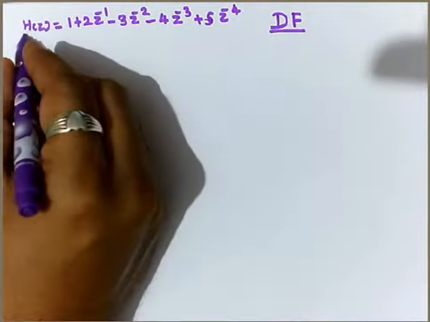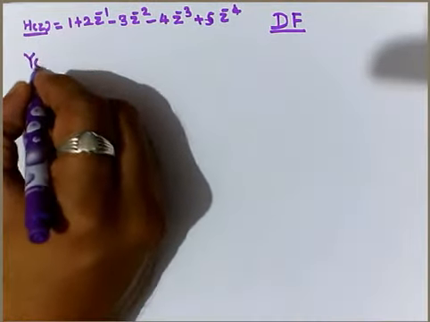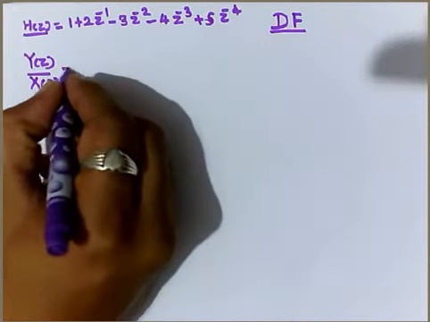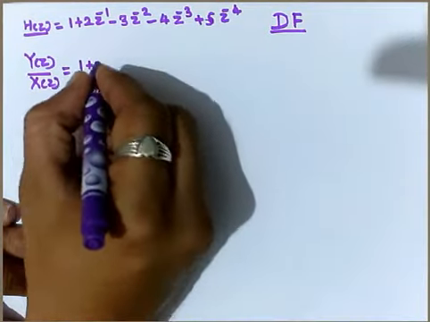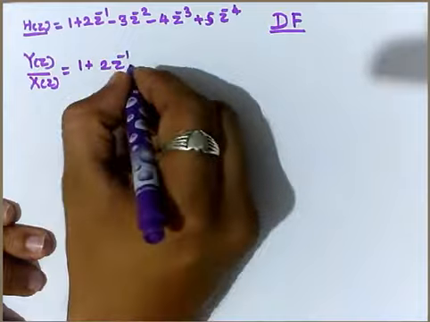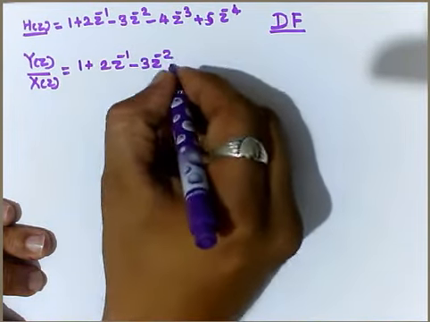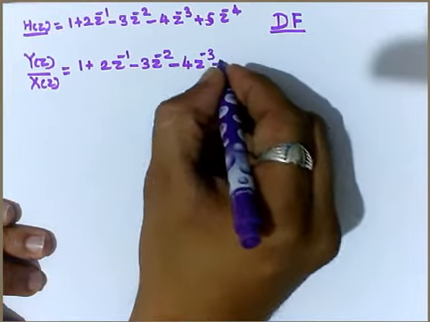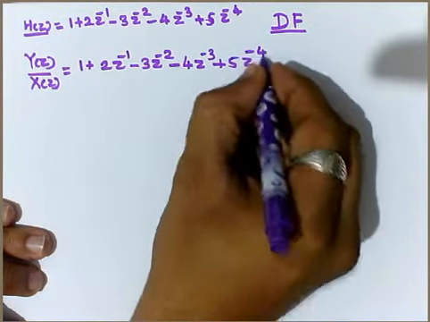So this is h of z, so I will write down y of z by x of z, that is nothing but h of z, 1 plus 2z inverse minus 3z raised to minus 2 minus 4z raised to minus 3 plus 5z raised to minus 4.